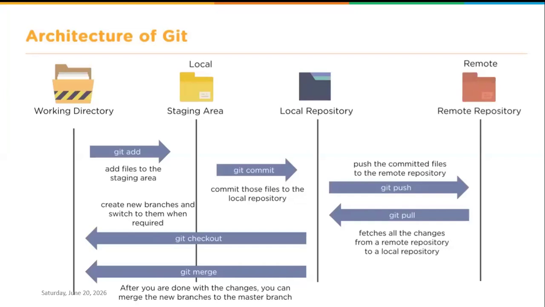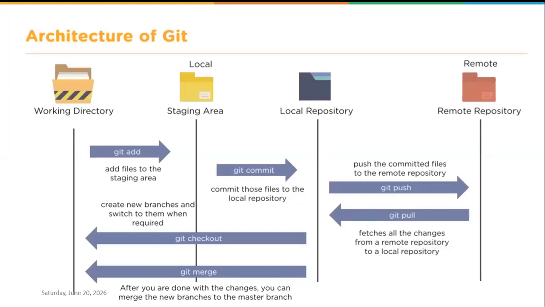And you can push your files from your local repository to your remote repository as well. So in order for that to be possible, you must commit your changes. And in order for you to be able to commit your changes, you must add these files and the changes that you have made to the staging area.